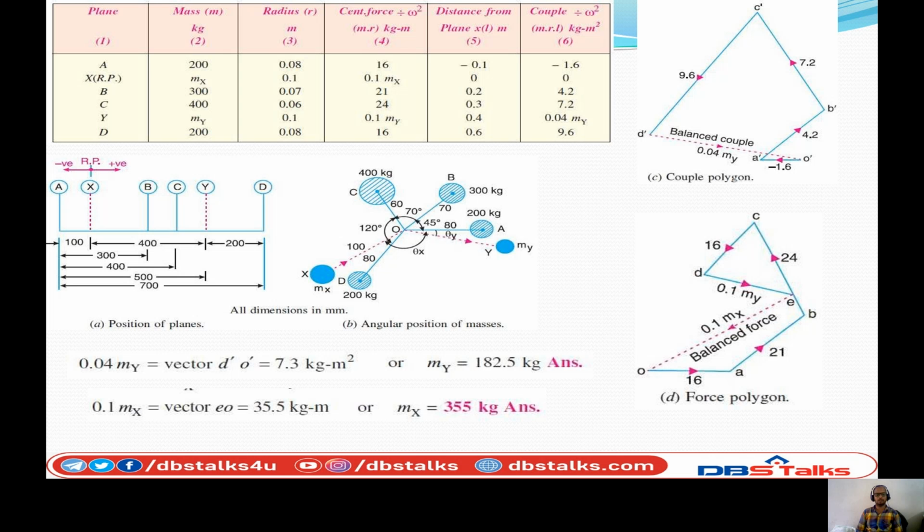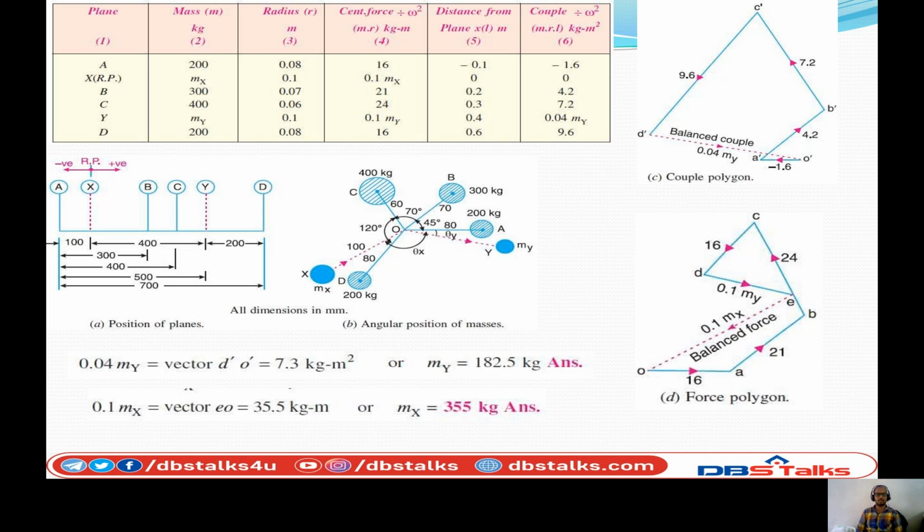Then centrifugal force. Centrifugal force means mass into radius. So mass is 200, radius is 0.08. Like that we frame the table. After that, the distance from the plane. Distance from the plane means the distance from the reference plane of the remaining planes.